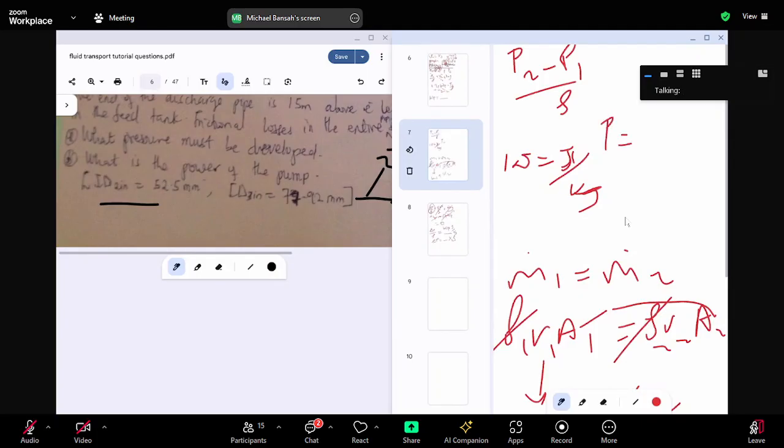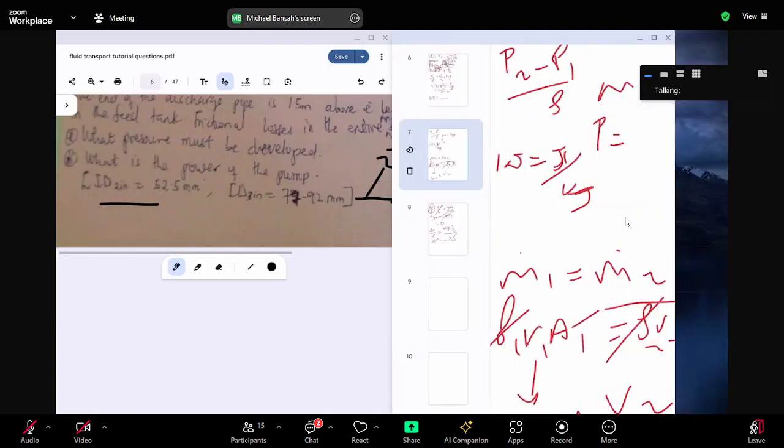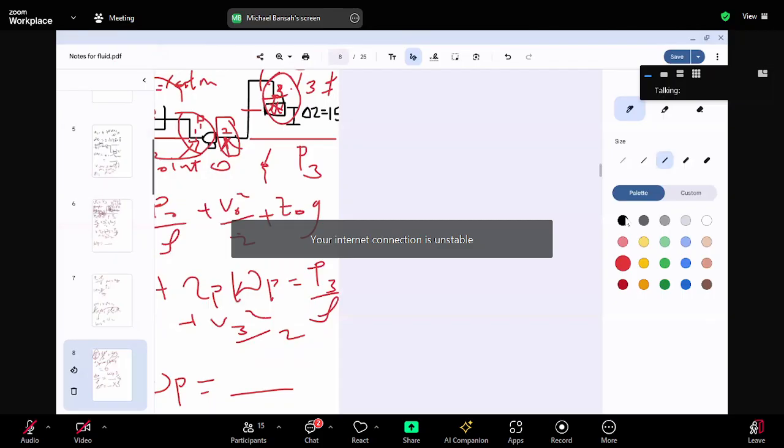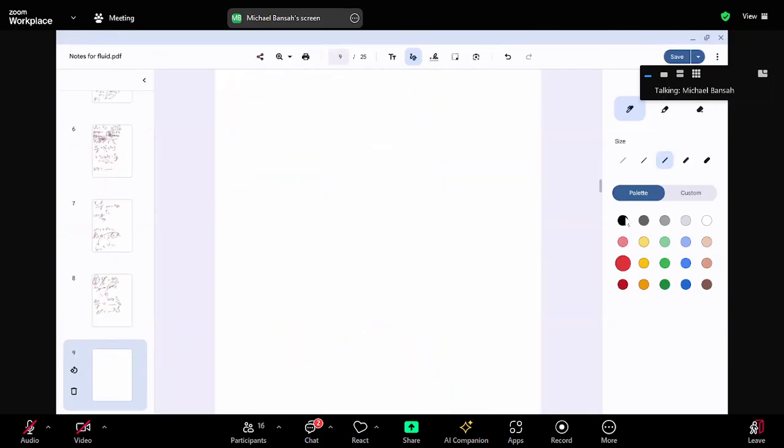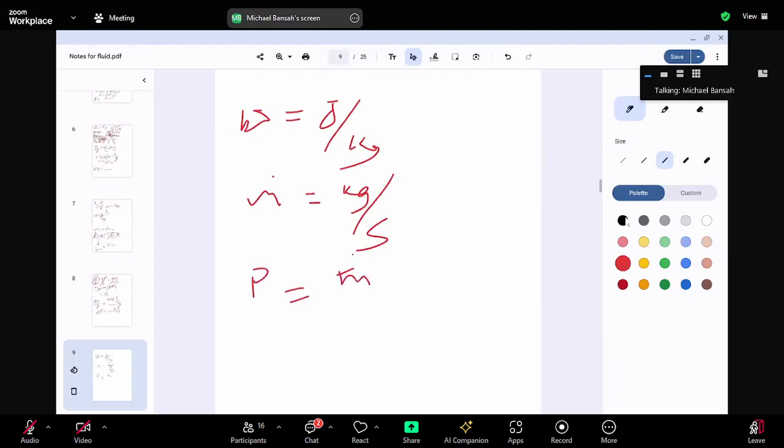Kilogram per second. So my power will be mass flow rate times the work.